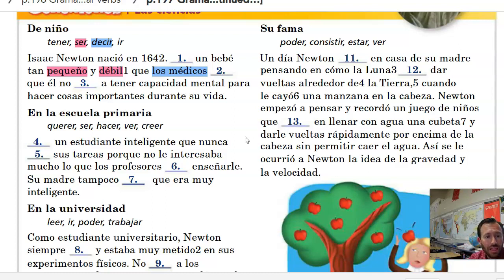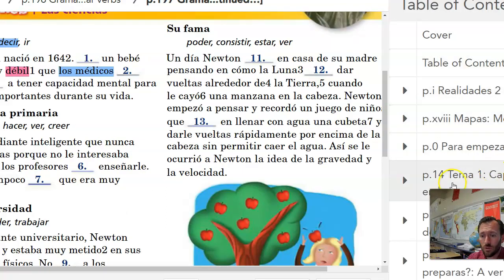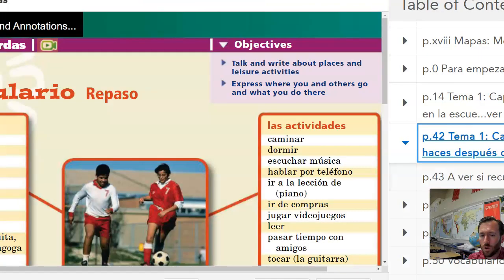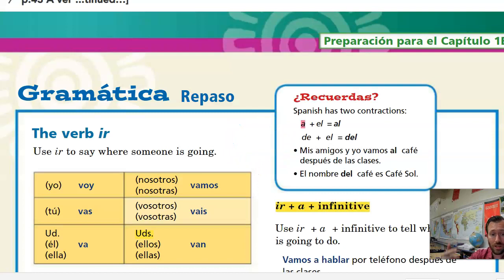Decían que él no. And remember how we were talking about for exercise 16, your context clues for ir are either a location or a verb, because ir can be used with another verb, as we saw at the beginning of chapter 1b, to talk about things that we are going to do.